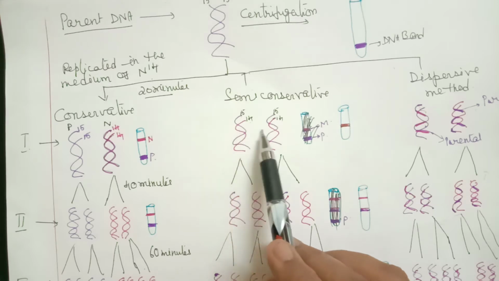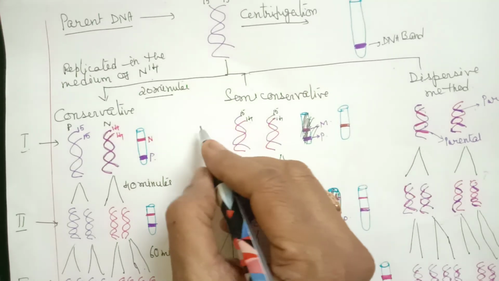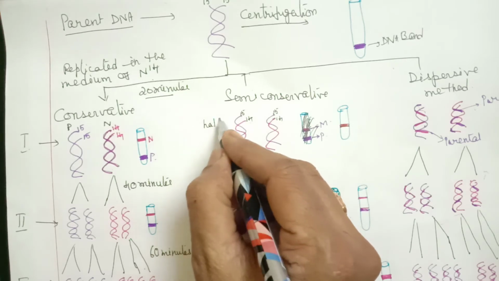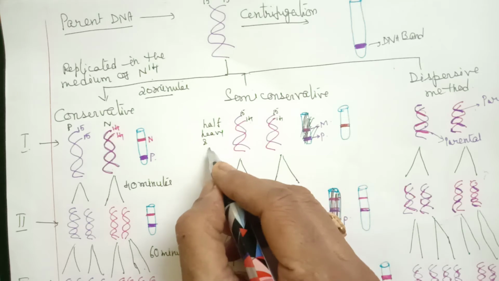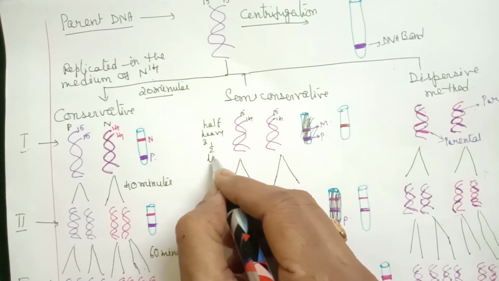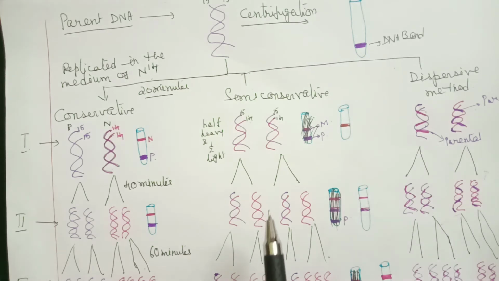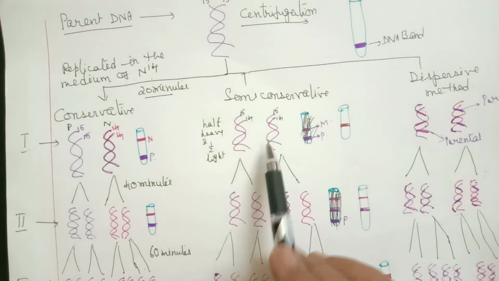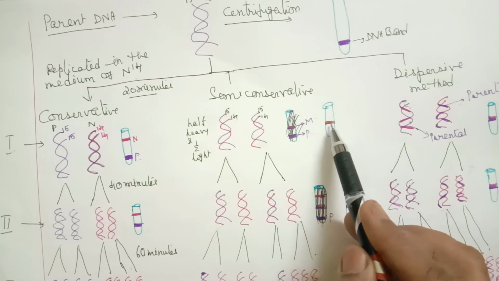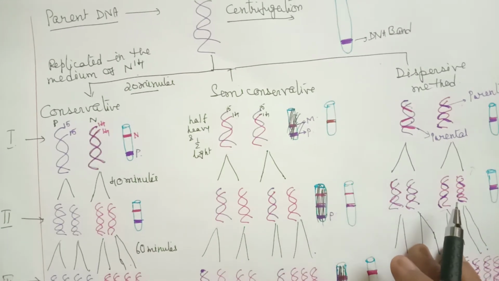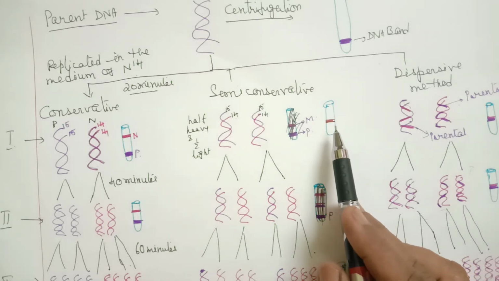That means the two DNA molecules which are formed are half heavy, half light. That means it is a hybrid molecule. Since it is half heavy, half light, the band is observed in between, at the center.